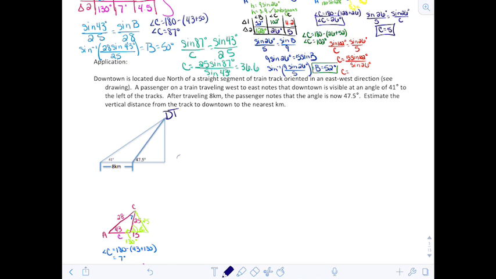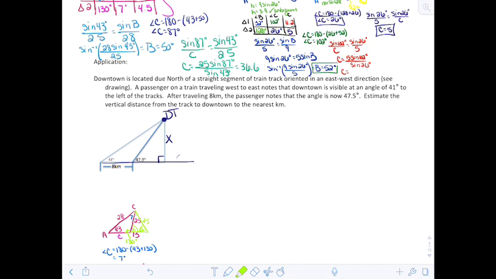So if downtown is due north, downtown is right there at the top of the triangle. Here's the track. Now it runs all this way, east and west. So if they want to know how far north the town is from the train track, we need to find that value x. And if it's due north, we know that that is a right angle. There's a couple of ways to do this.